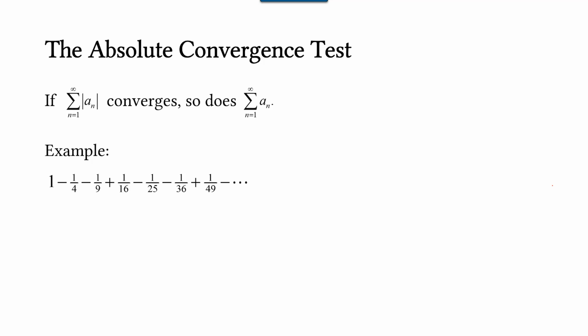Here's an example. It's not an alternating series because we have one positive term followed by 2 negative terms, and then a positive and 2 negatives, and so on. So it's not an alternating series, but if I take a look at the sum of the absolute values of all of the terms, that gives me a sum we've seen before, the sum of 1/n^2 from n equals 1 to infinity.